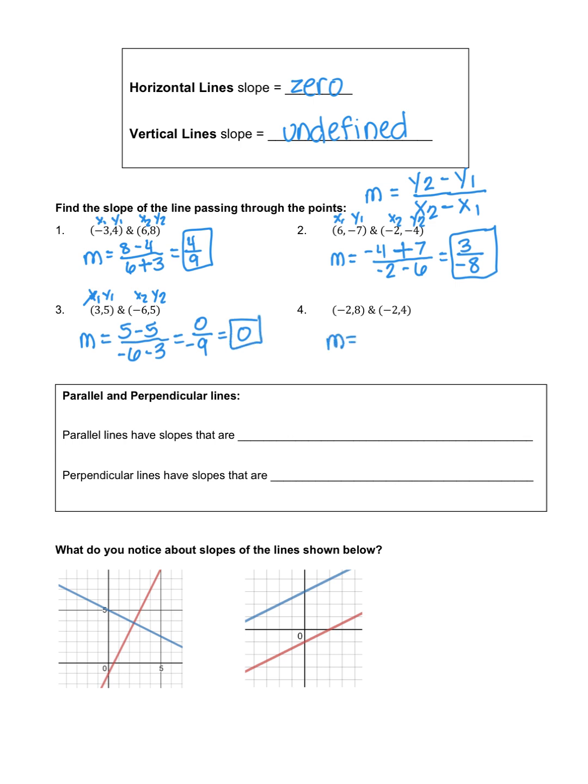Number 4. Let's label our x1, y1, x2, y2. I'm just labeling them to help you better identify them. So we have 4, our y2 is 4, minus y1 is 8, over negative 2 minus our negative 2.